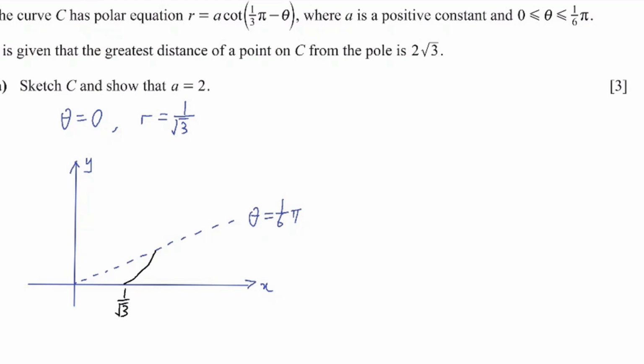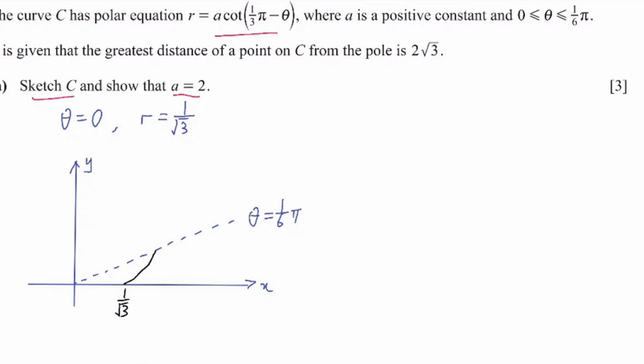They ask us to sketch C first, then only they ask us to find A. If it is expected for us to find A first, they would have already set the question as show that A equals to 2 and sketch C. So there is actually a logic behind that. So it's to sketch C here first.